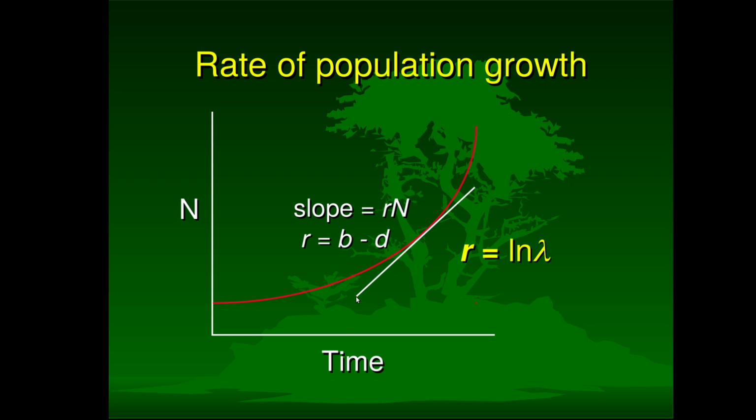And the slope of this line, as we saw in the elephant example, is equal to little r times N, which is the log of lambda times N. And this gives us the rate of increase on a per generation basis, the number of offspring produced per female from one generation to the next.